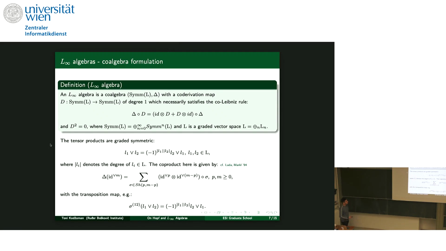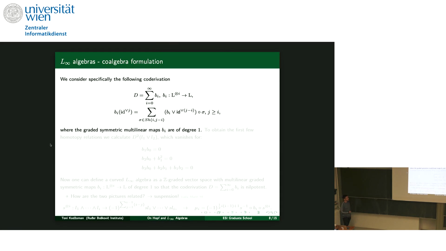And in general, the coproduct is given by the following. It depends on sigma, which is a transposition map. A non-trivial example for two elements is given right at the bottom. I'm showcasing these two equations because later on, we will see what differences happen once we use the twist mechanism.